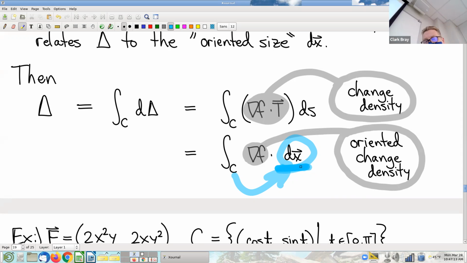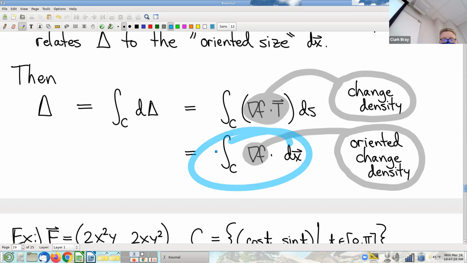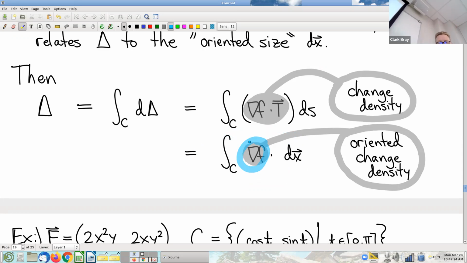So if we're going to write the integral like this, we therefore need to make an interpretation of the gradient by itself. What is the gradient? The term that I propose and use on a regular basis is oriented change density.